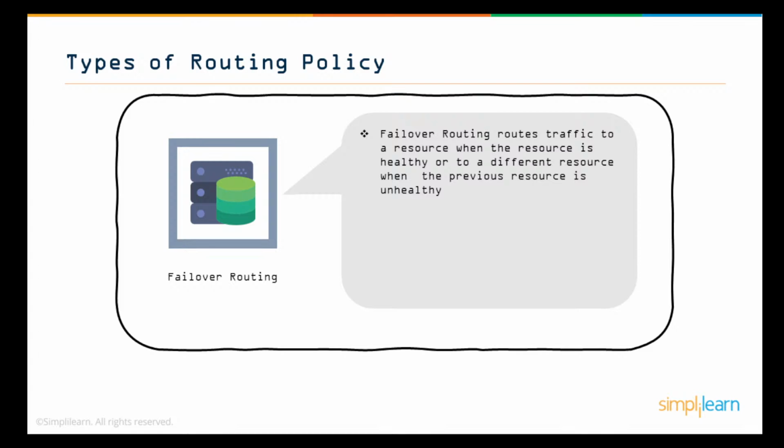With the help of a failover routing policy, the entire traffic coming from the internet, from the domain, would be routed directly to one of the servers. But the second server in the backend will be kept as a standby, as a backup. The second server is going to get the traffic only when the first server is not responding, and this is why we use a failover routing policy, which is primarily used for redundancy and for standby kind of routing.